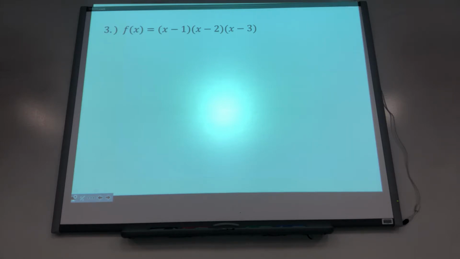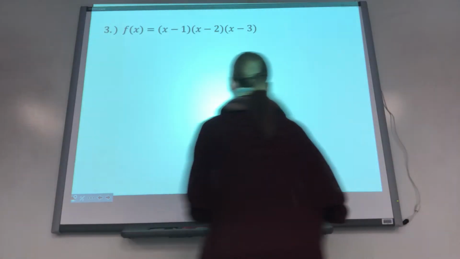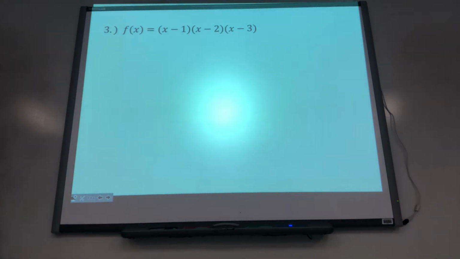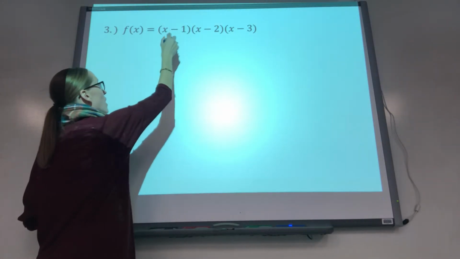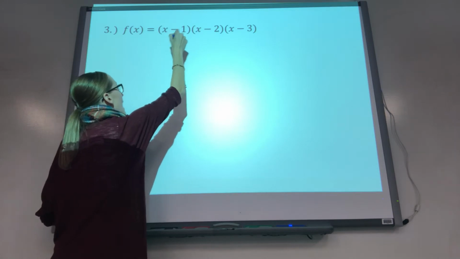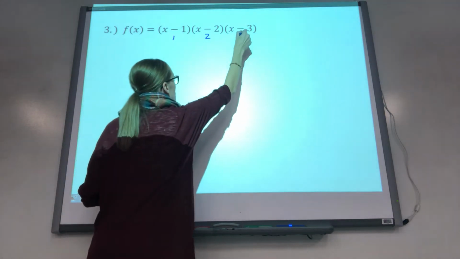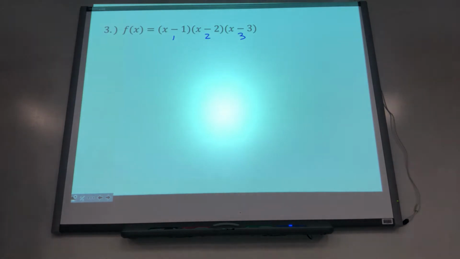Number 3, f of x equals x minus 1 times x minus 2 times x minus 3. Product rule is when you have something with x times something with x. Take a look at what you have right now, and don't write this down, but you have 1, 2, 3 things with x.